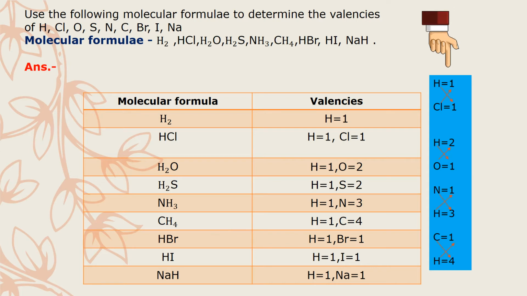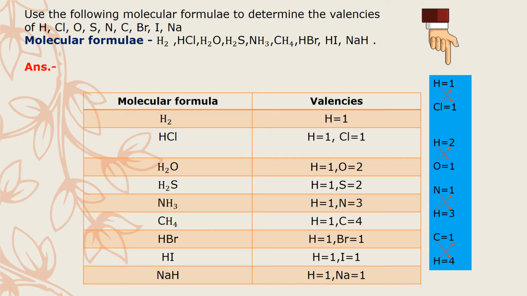Now the next molecular formula is HCl, that is hydrochloric acid. We have to calculate its valency. There is a simple method, children. You can see that method in this box also: write down the valency of H and the valency of chlorine, and then you can get the answer. Or instead, you can write the number of hydrogen atoms and the number of chlorine atoms in HCl.